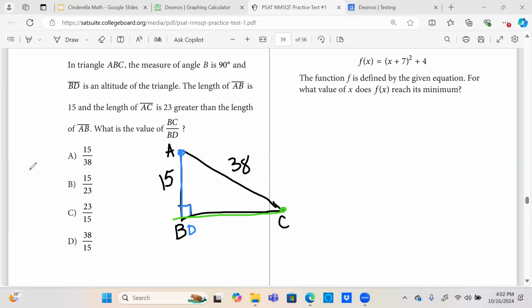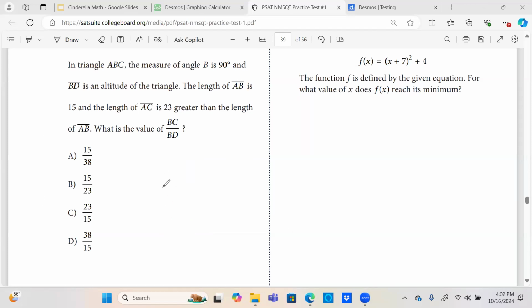So maybe I have not drawn this correctly. Let's try this again. In triangle ABC, the measure of B is 90. This has to be a right triangle. Sorry, I'm just talking to myself here. The length of AB is 15, and AC is 23 greater than that.